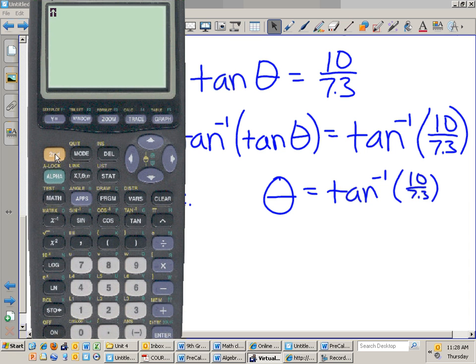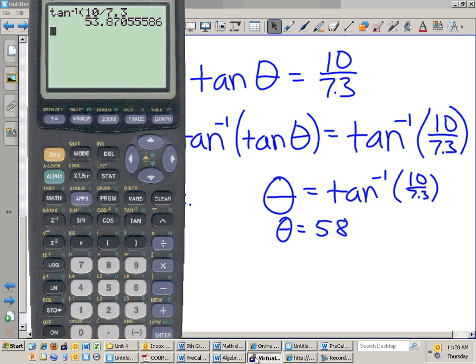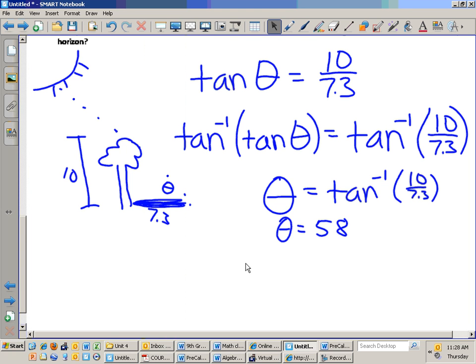So if you go second tangent, that's tangent inverse. So my tangent inverse, 10 divided by 7.3, and I get 53.87 degrees. Any questions how I got that?